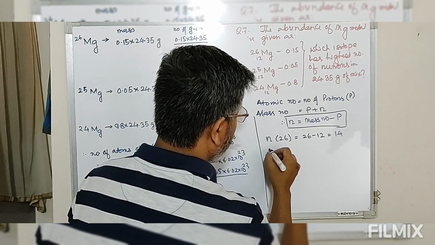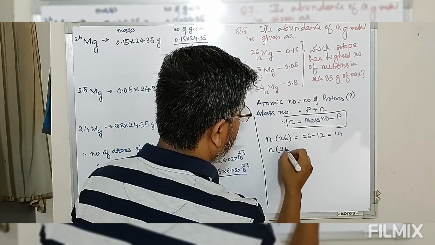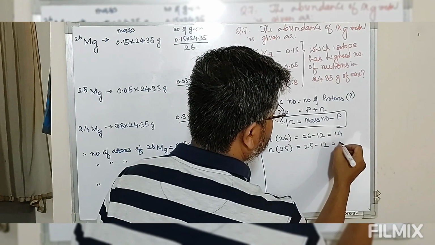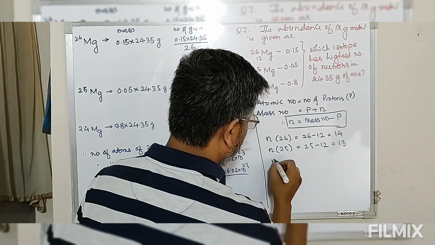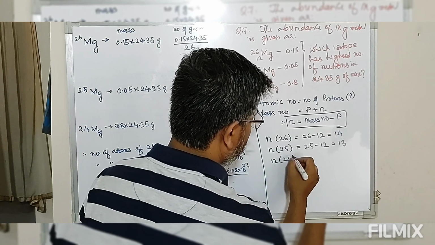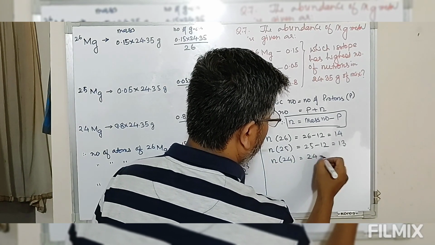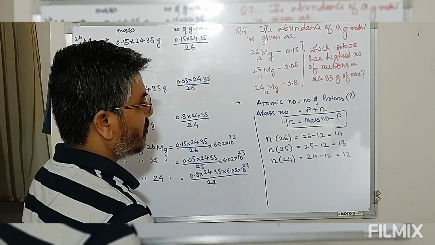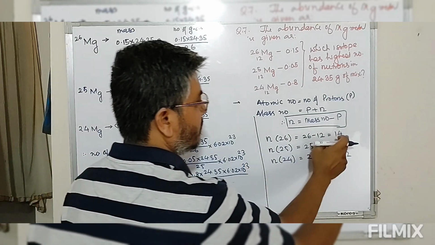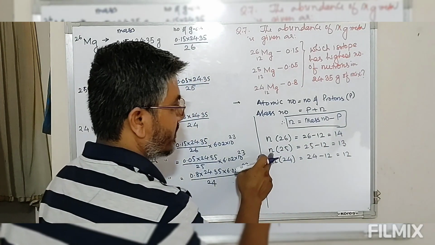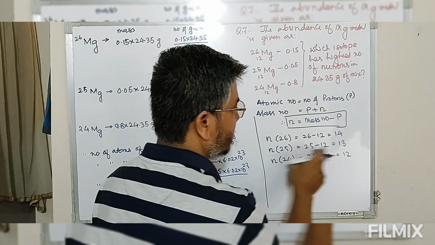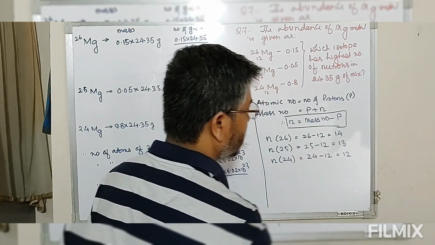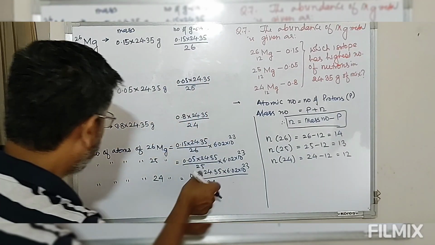The number of neutrons in isotopic mass 25 is 25 minus 12, which is 13. The number of neutrons in isotopic mass 24 is 24 minus 12, which is 12. That means one atom of magnesium 26 contains 14 neutrons, one atom of isotopic mass 25 contains 13, and one atom of isotopic mass 24 contains 12 neutrons.